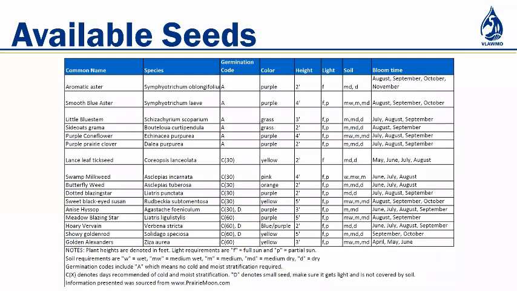So cold moist stratification, I'm not going to give like a super scientific explanation for it. How I think of that is when I walk through the demo here of how you set up a milk jug for winter sowing, you are going to put basically not sopping wet potting soil, but potting soil that's definitely moist.